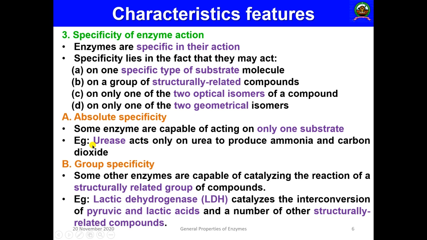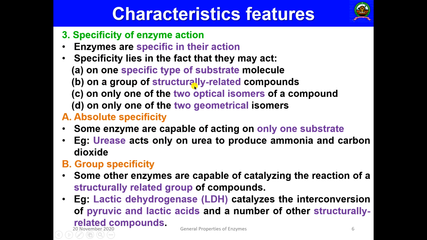Okay, that is the action of urease. So urease will not bind to any other component other than urea. The substrate of urease is urea, and it produces ammonia and carbon dioxide. It will not go and bind to any other substrate.